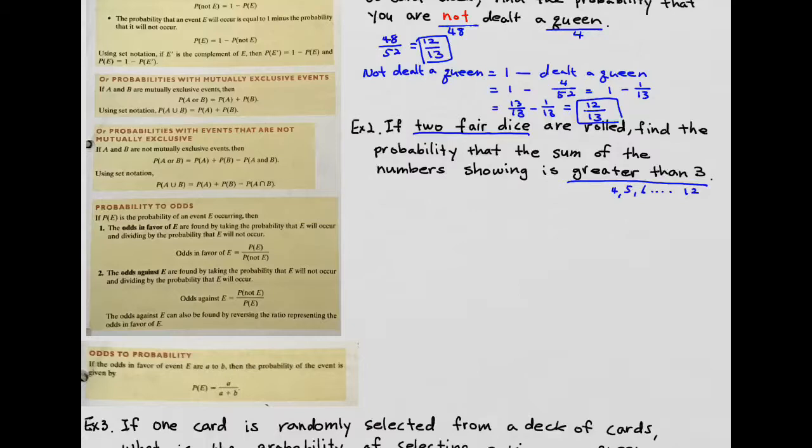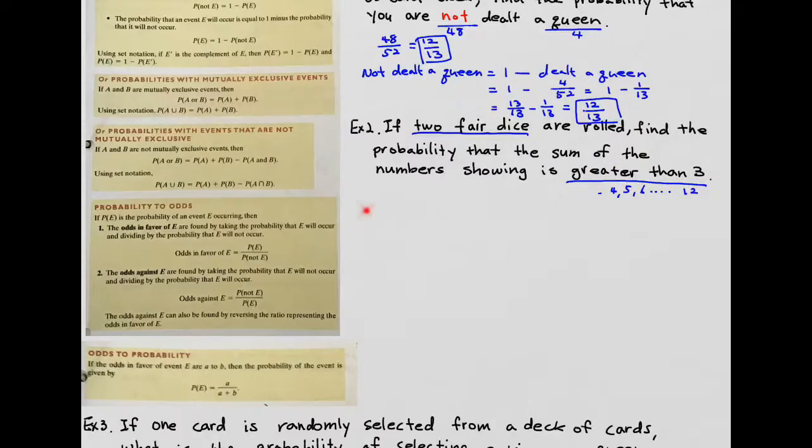This is going to be a lot of work, but if we look at it as less than or equal to 3, that's the other direction of greater than 3. Greater than 3 is the same as 1 minus the probability of less than or equal to 3.